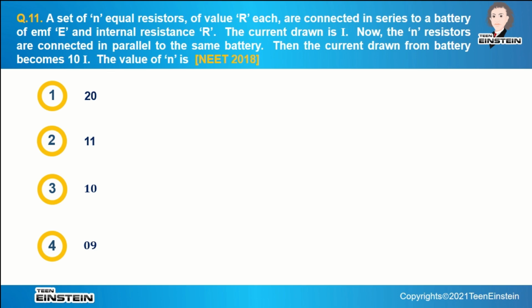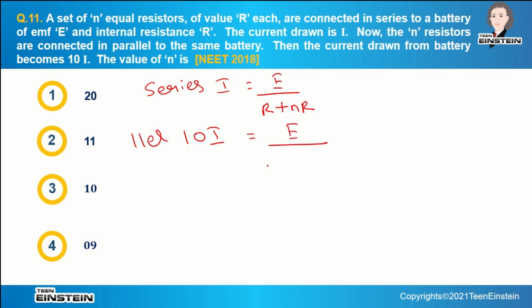When connected in series, I is E by R plus nR. When it is connected in parallel, you will have 10I, which is equal to E by R by n plus R, which is equivalent to nE by R plus nR.